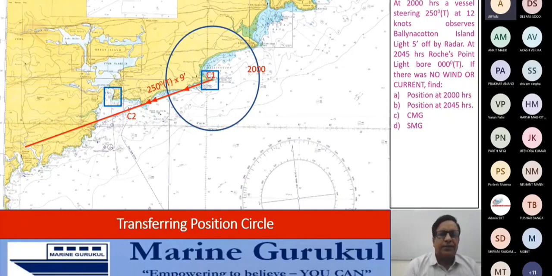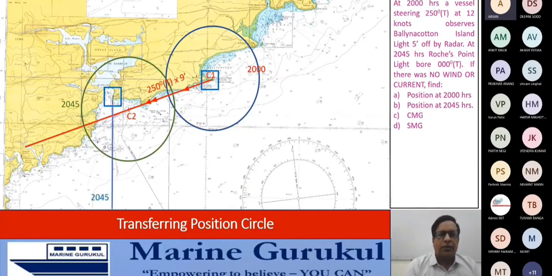With C2 as center and radius of 5 miles, the same as the radius of the 2000 hour circle, we draw the transferred position circle. The green circle, which has now come up on the chart, is the transferred position circle. That means at 2045, the vessel would be somewhere on the green circle. At 2045, the question also gives us a position line where Roche's Point light is bearing 000 degrees true.